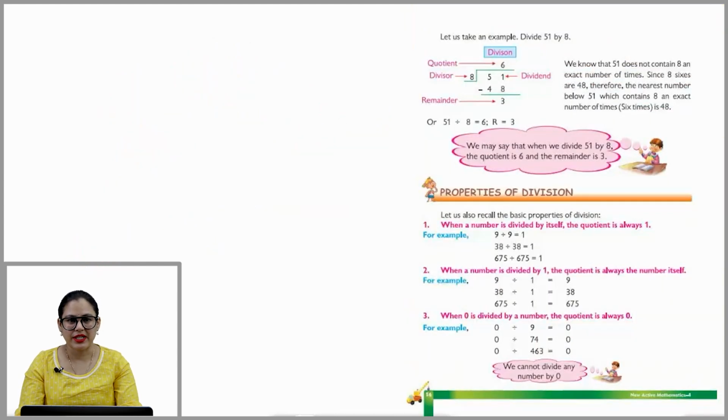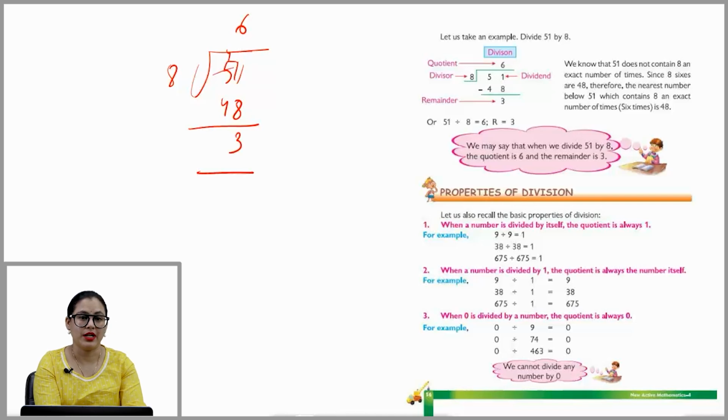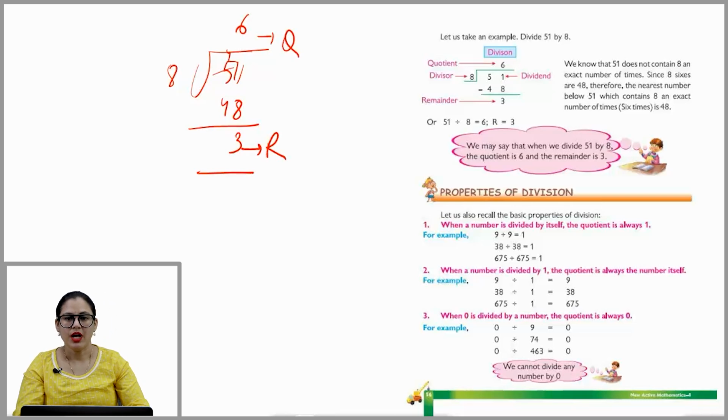Let us take an example. Divide 51 by 8. So when we divide 51 by 8, 8 6s are 48. Okay. Now subtract it. 51 minus 48 is 3. So 6 is the quotient, 3 is the remainder. We know that 51 doesn't contain 8 an exact number of times.